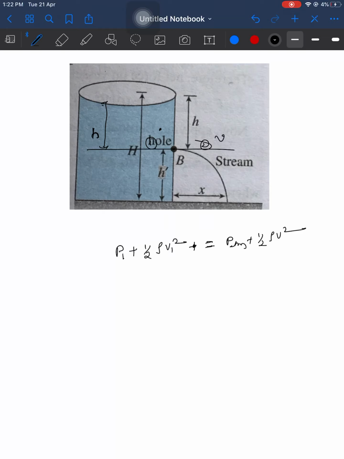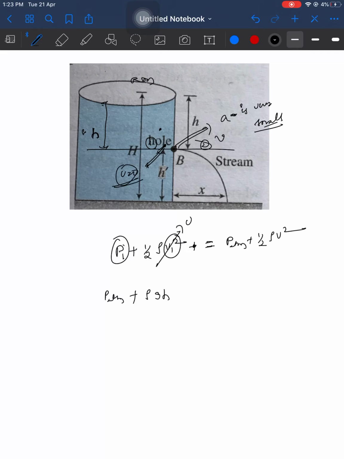Understand? Now listen attentively. How to get P1? P1 is equal to P atmosphere plus rho gh. And what is V1? Generally we consider the area of the hole to be very small. If it is very small, the velocity inside is equal to 0, so V1 is equal to 0.